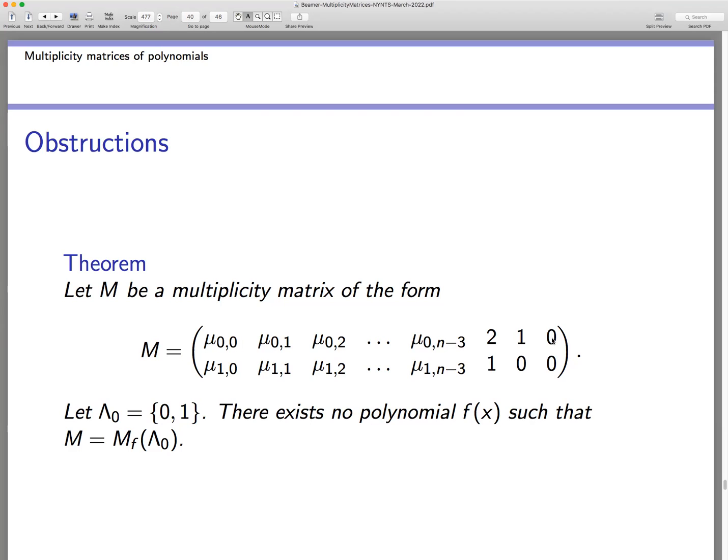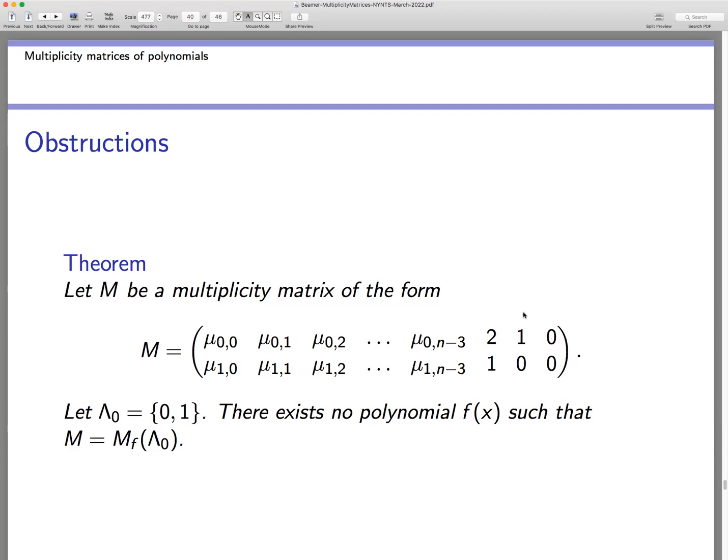So Mel, can I interrupt for a second? This multiplicity matrix means that the last column adds up to at most 0, and the penultimate column adds up to at most 1, right? Correct. And then the column before that should add up to at most 2. So let's see, n minus j is 1.